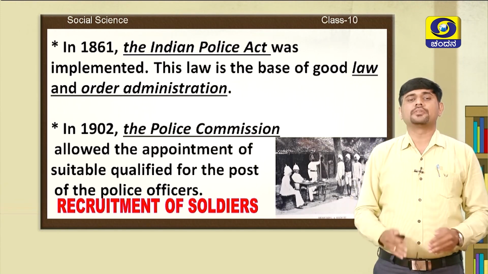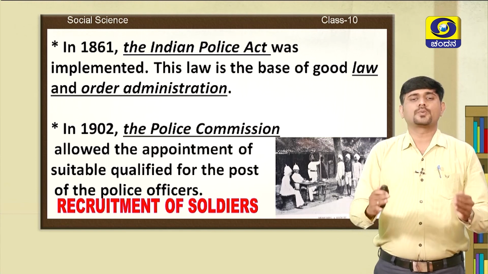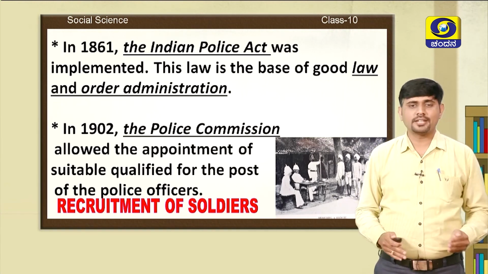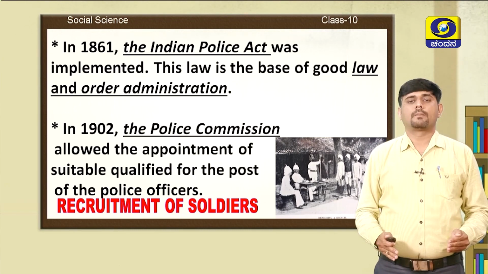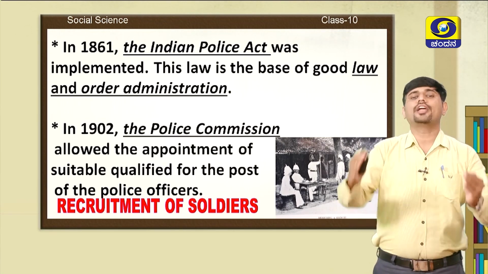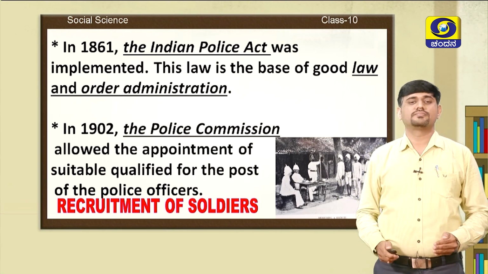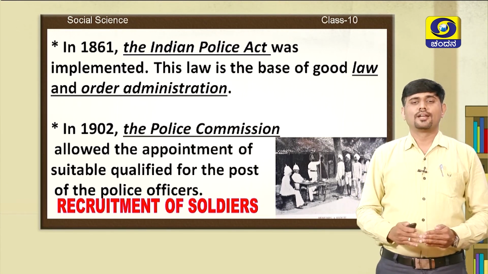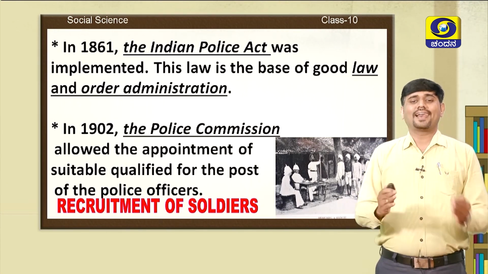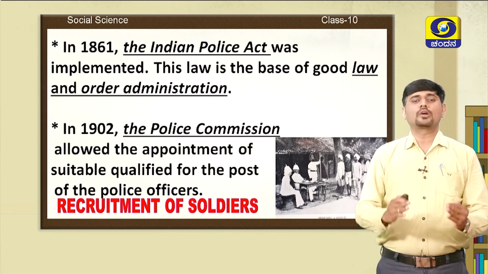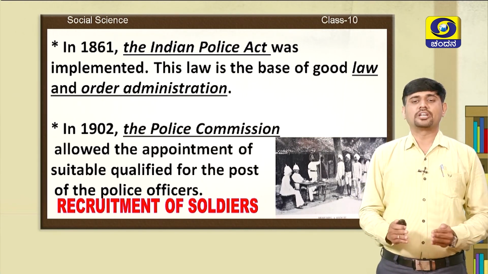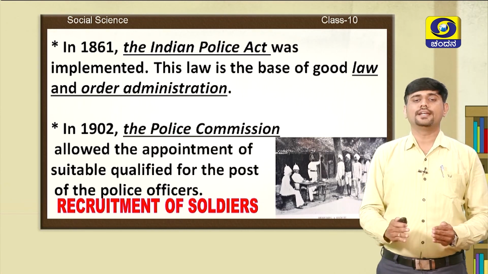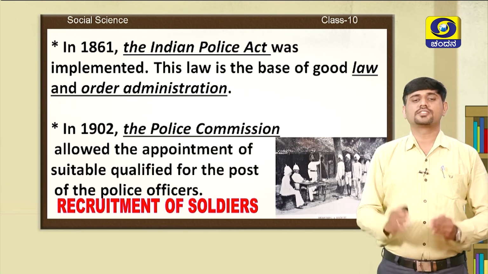In 1861, the Indian Police Act was implemented by the British government, and that act provided the base of good law and order in administration. In 1902, the Police Commission allowed the appointment of suitably qualified people to the posts of police officers. The British started to recruit the Indians into the police system.